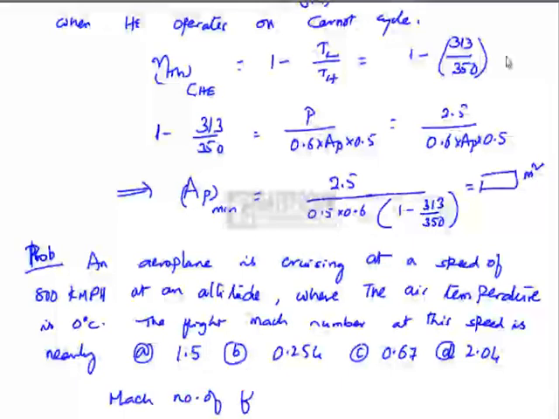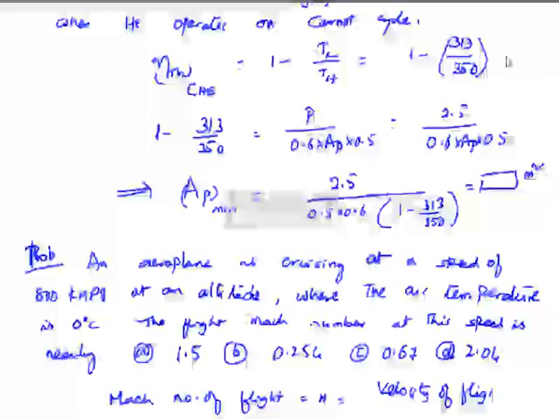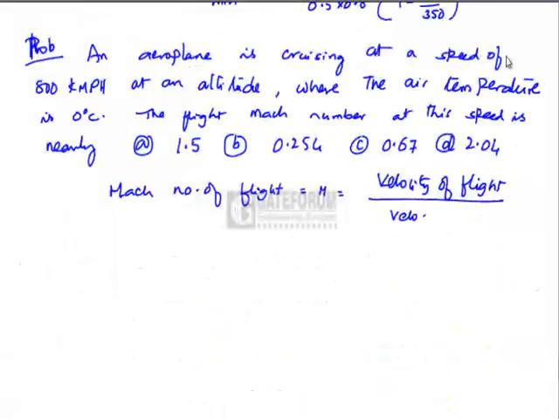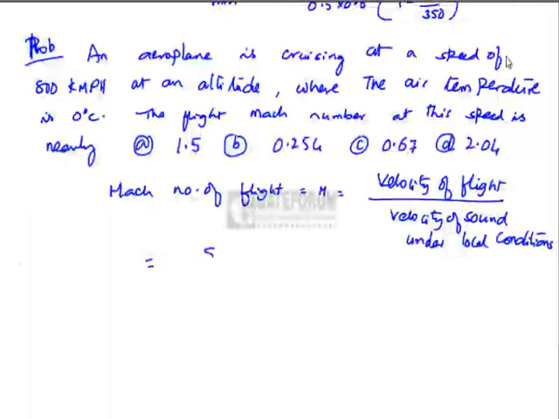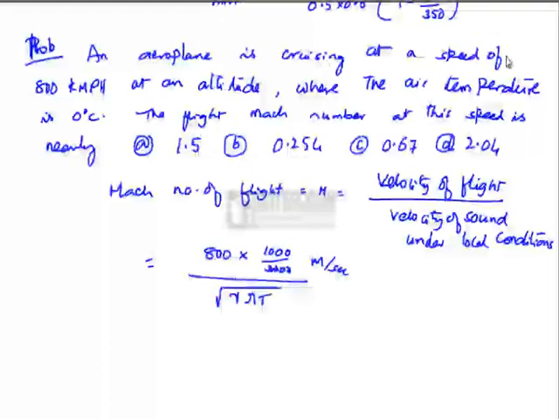The Mach number of flight is defined as velocity of flight divided by velocity of sound under local conditions of temperature. Velocity of flight is given as 800 into 1000 divided by 3600 after converting into meters per second, whereas velocity of sound in air is given as square root of gamma RT.